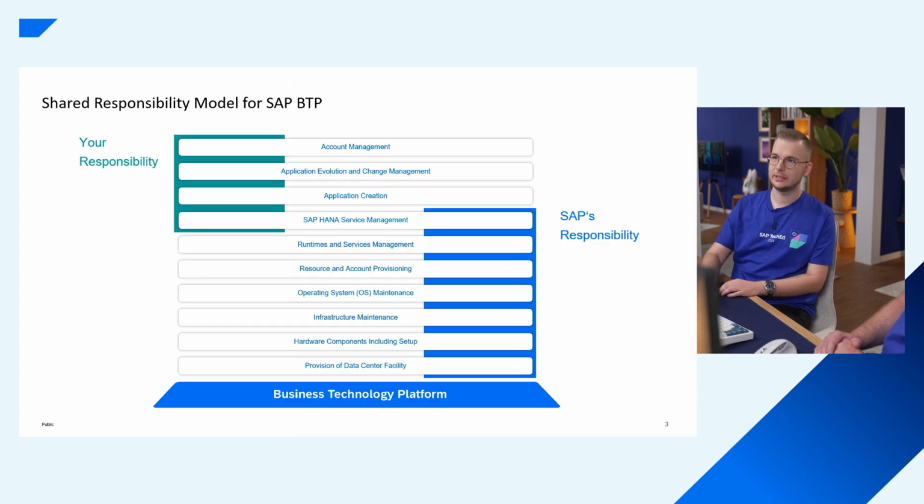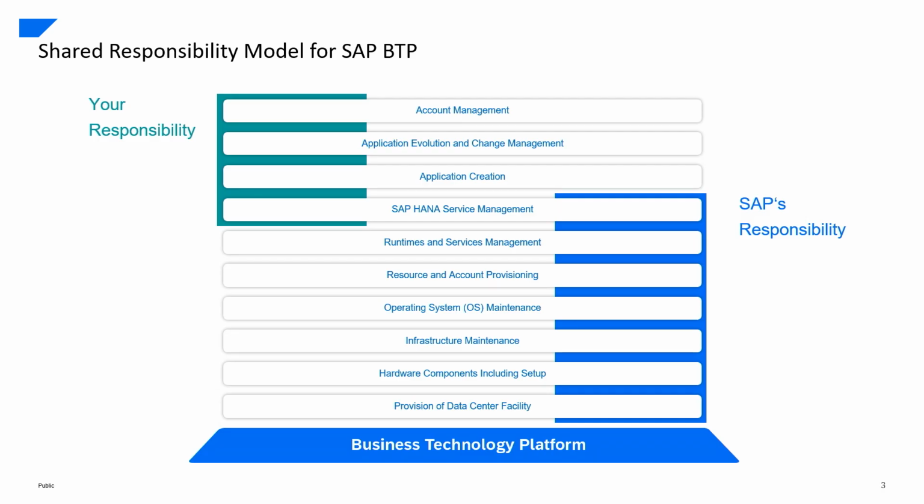So let me start with the shared responsibility model. In the on-premise world, you have your SAP administrators team, which is responsible for setting up the infrastructure, installing operating systems, and then in the end, of course, also installing the SAP systems and configuring them accordingly.